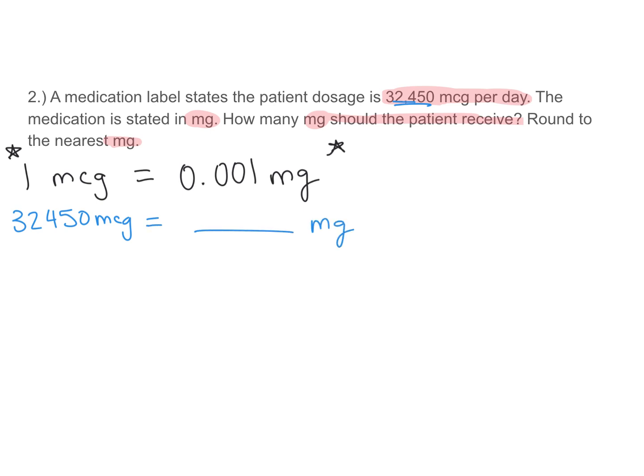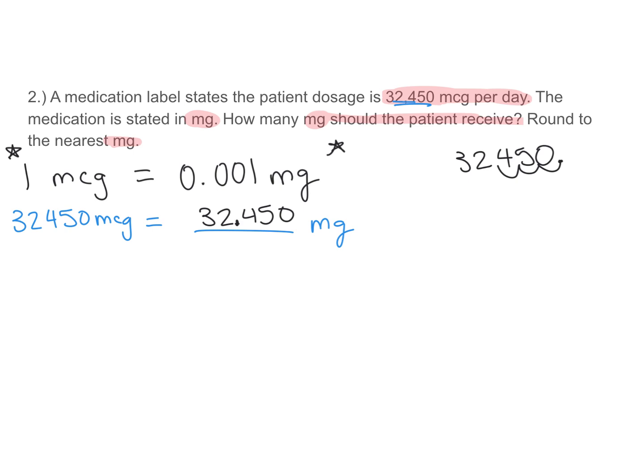If 1 is equal to 0.001 milligrams, then for 32,450 I could just move the decimal over 3 to the left, or simply multiply it by 0.001. However, I can see that could confuse people, so I'm going to do a proportion, but I can already tell that this is going to be my answer, 32.450.